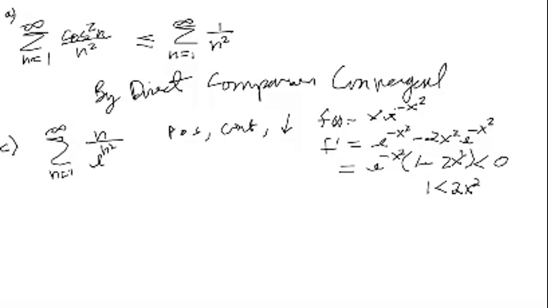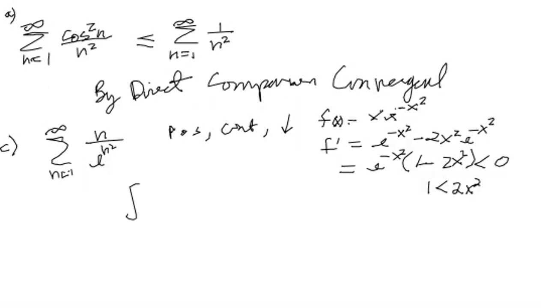And that's going to happen for x greater than 1 over root 2, or x less than negative 1 over root 2. So it does happen for sure past x equals 1, and therefore, for sure, for n equals 1. So conditions are right. Next would just be to find that integral.